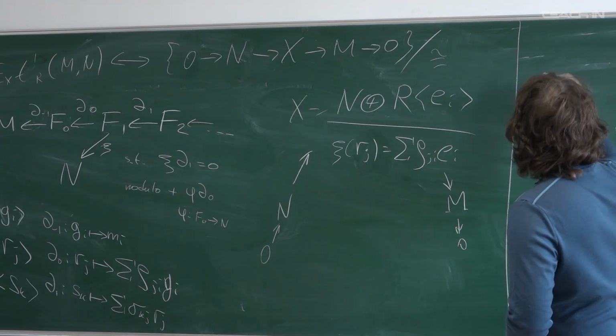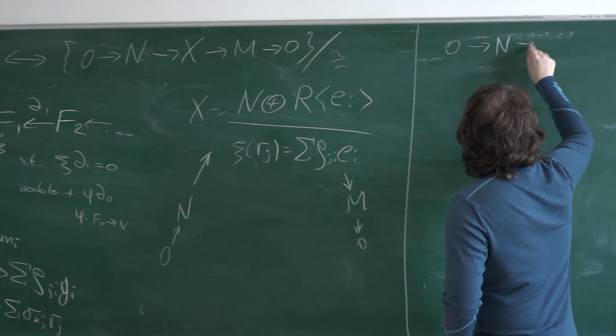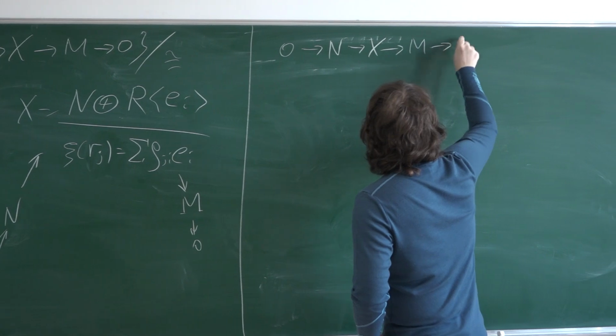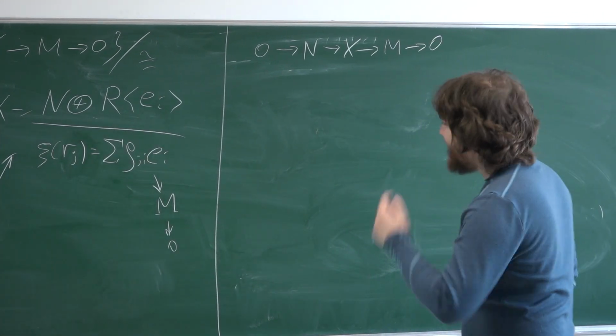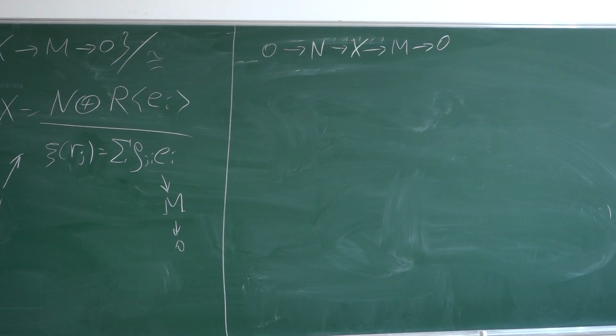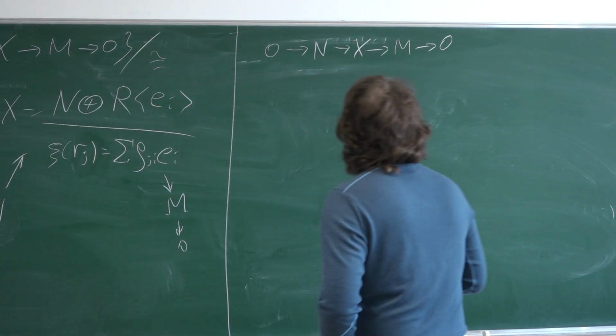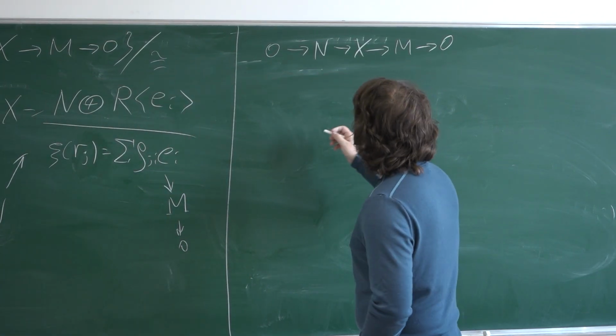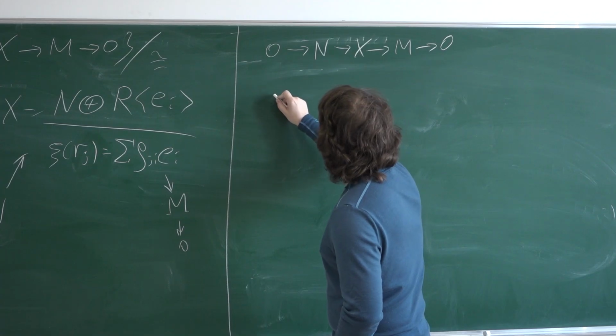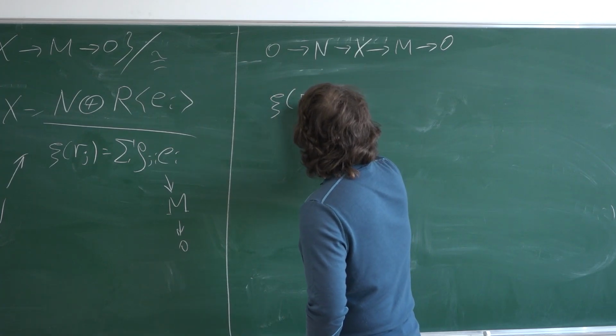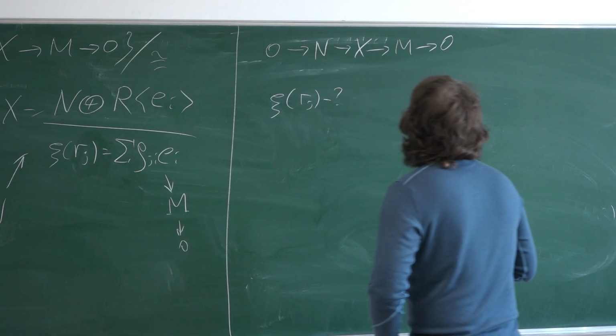If I have an extension, then I need something like this homomorphism. I need to understand what is xi of r_j.